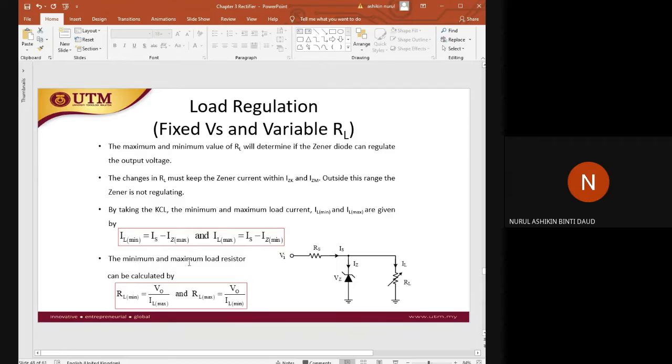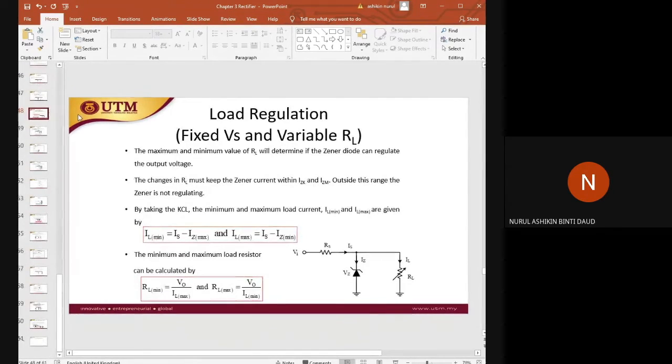So the minimum and maximum load resistor can be calculated using Ohm's law. The voltage divided by IL maximum will give you the minimum resistance. To calculate the maximum resistance, you divide by the minimum current flowing through the resistance. So this is the fixed VS and variable RL.